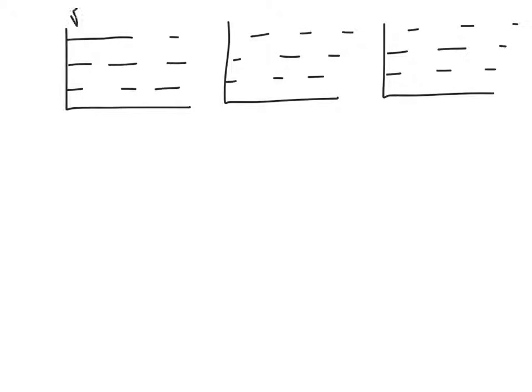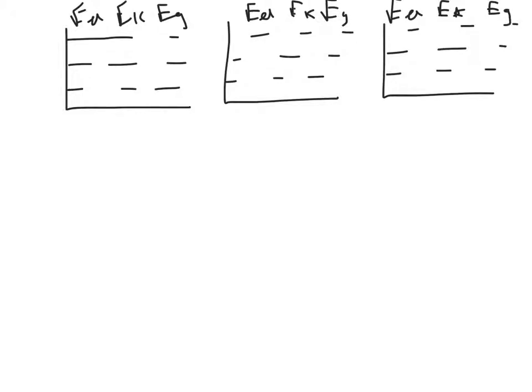And label these EEL, EK, EG, EEL, EK, EG, EEL, EK, and EG. Okay, so here's for A, here's for B, and here's the one for C.